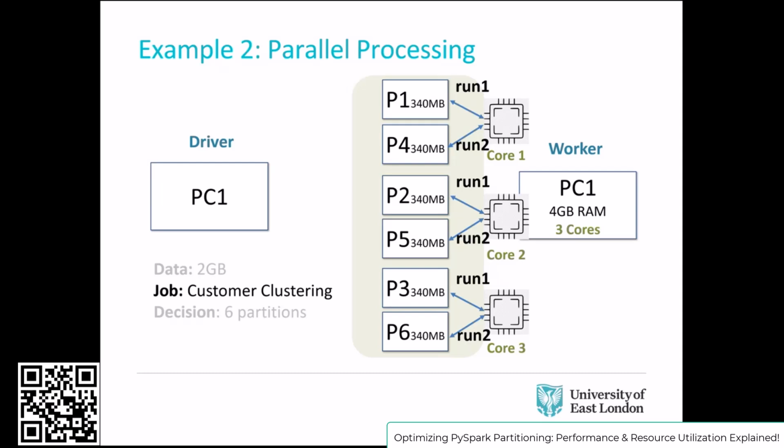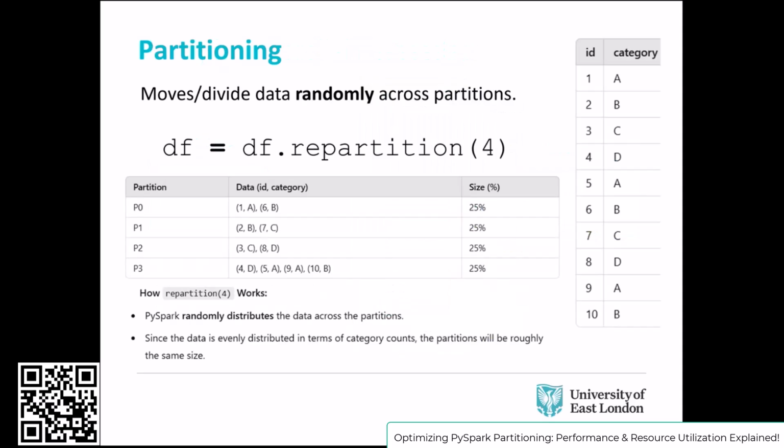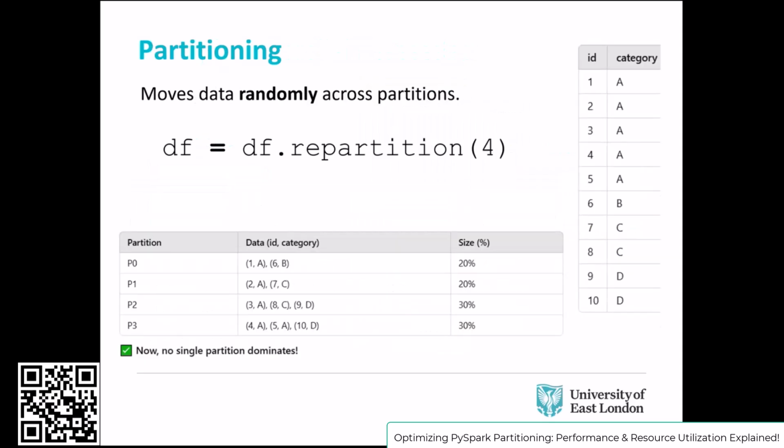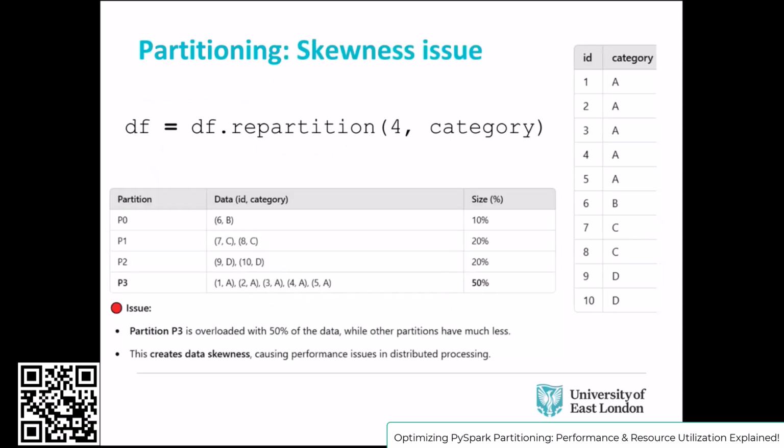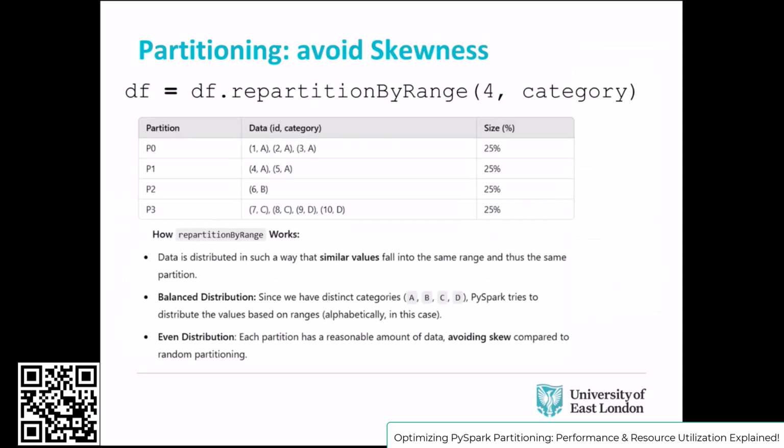You might ask me, okay, data skewness, how can we find it? Do we have skewness or not? This is another topic, but you can keep skewness in mind. Skewness is a topic that we need to consider in every single big data processing, right?